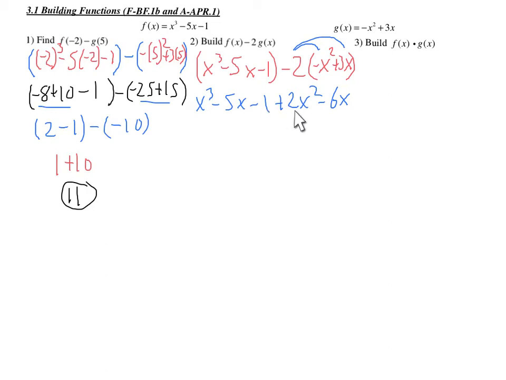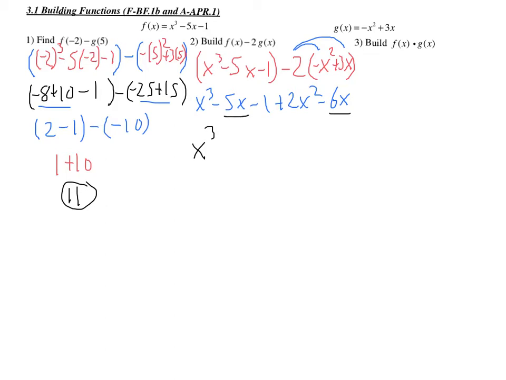Now, are any of these terms combining? Can you see how the x's combine? Anything else? No. So let's write my answer in standard form, though. So we start with the highest power, which is the x cubed. Is this going to be a third degree polynomial?